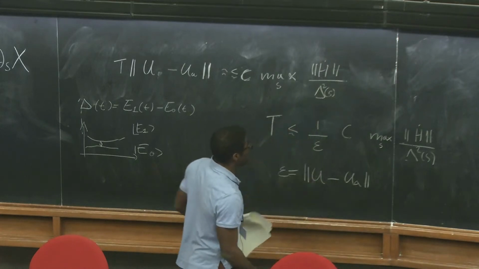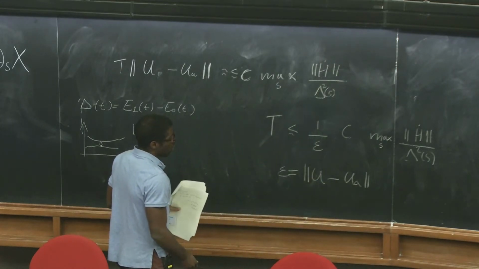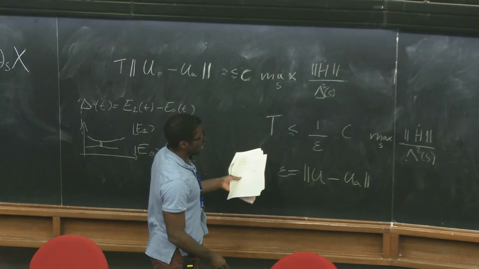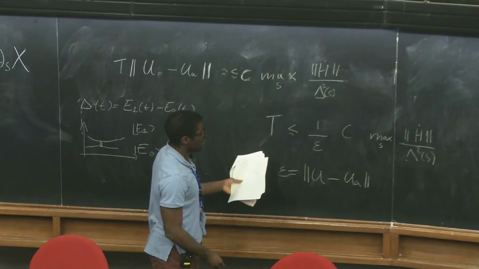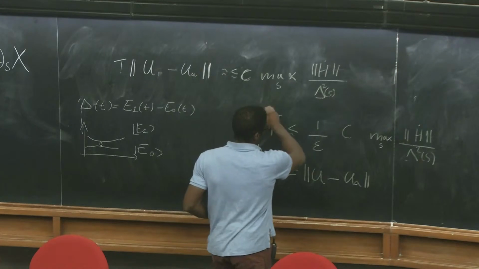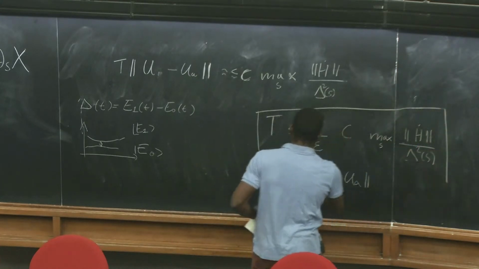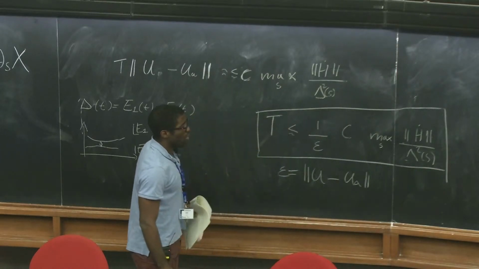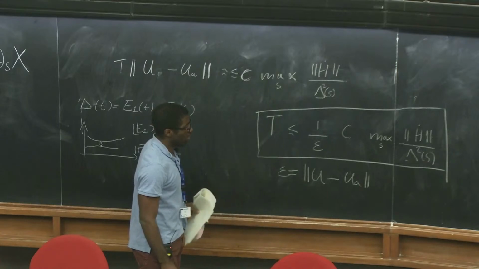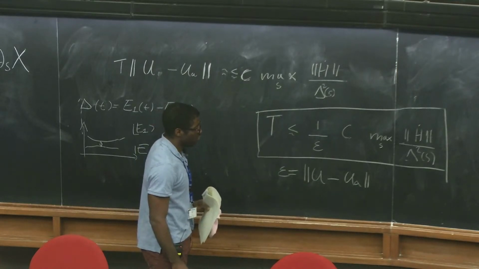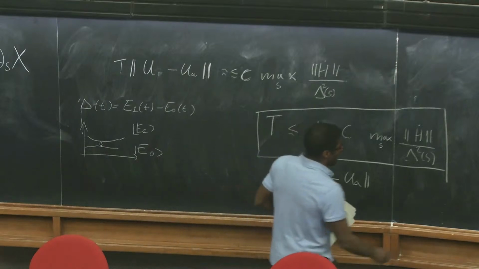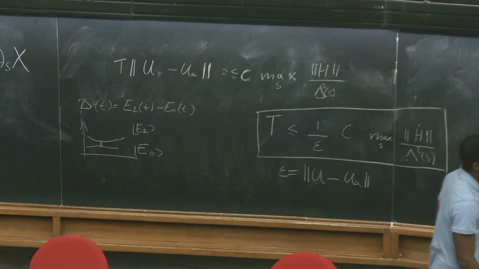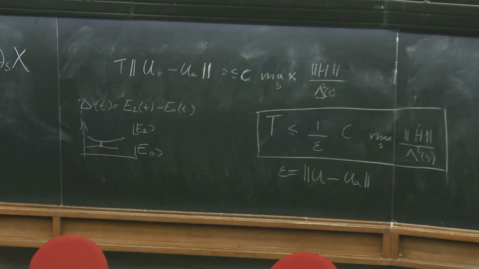So this is the adiabatic approximation, because this equation tells us how much time we need to achieve a certain precision. And now I want to briefly describe how this is used in adiabatic quantum computation.